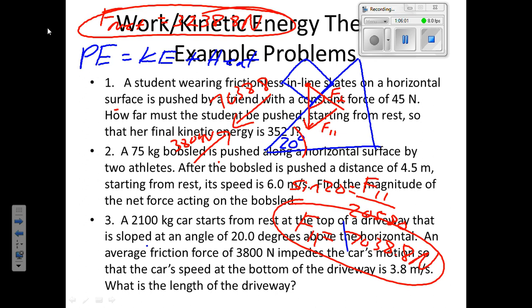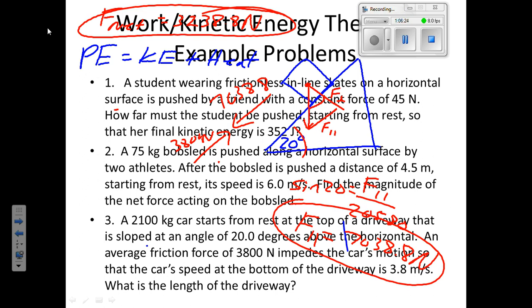But here's the way you would do it. You would take F equals ma. We know F, we know m. Let's find a. We got an acceleration. We also know what other things that would help us find the length of this plane. We know the initial velocity was what? 0. We know the final velocity was 3.8.